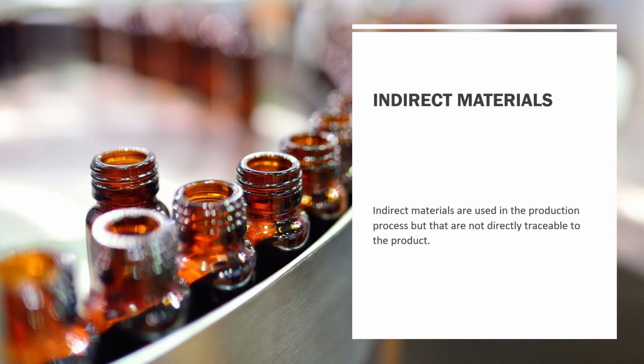An efficient worker may use nails and glue more efficiently to make a chair, while the other worker may use more of these indirect materials. So we cannot say precisely how many nails or drops of glue may be required for each chair. Indirect materials are usually classified as part of the production overhead.